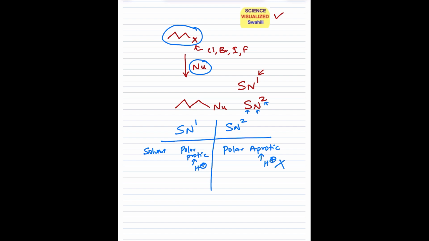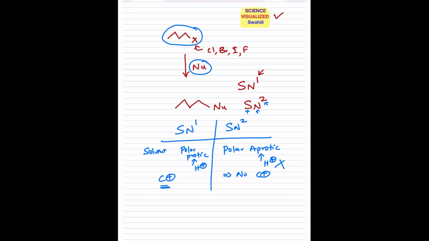The reason for that is that SN1 involves what we call carbocation intermediate, a positively charged intermediate, while SN2 has no carbocation.